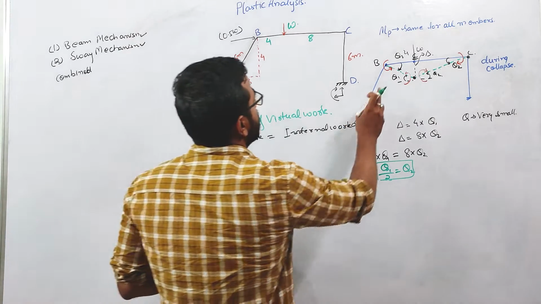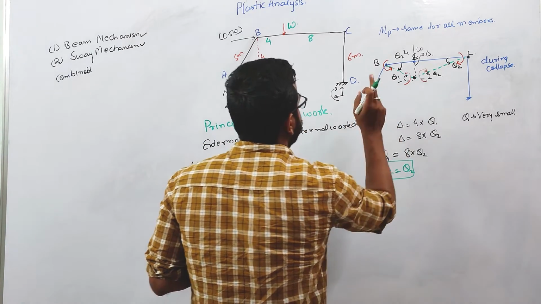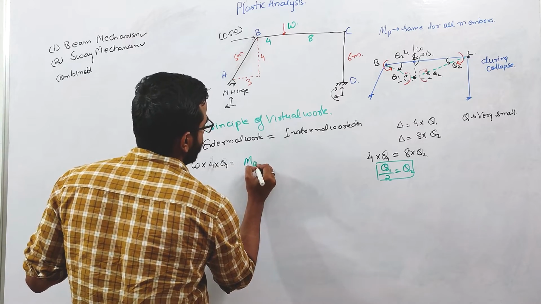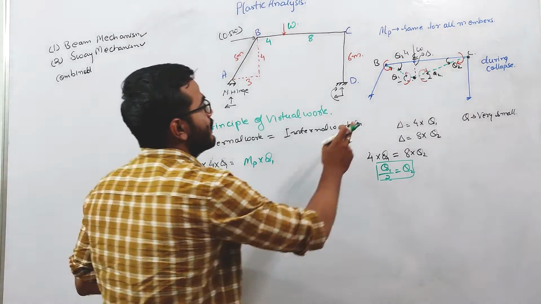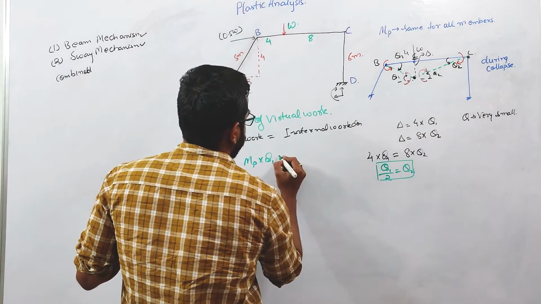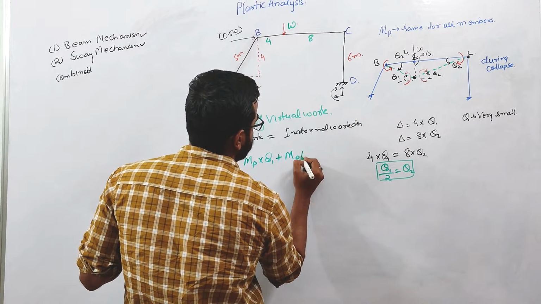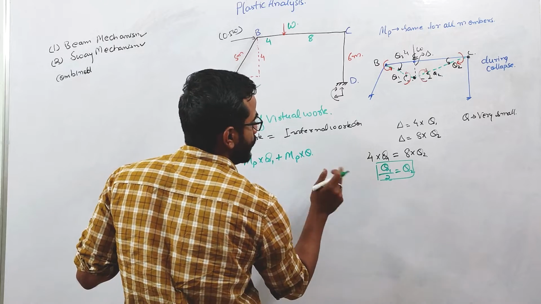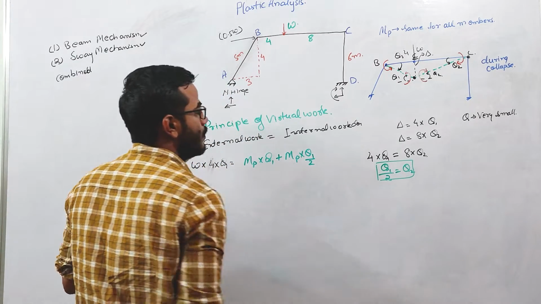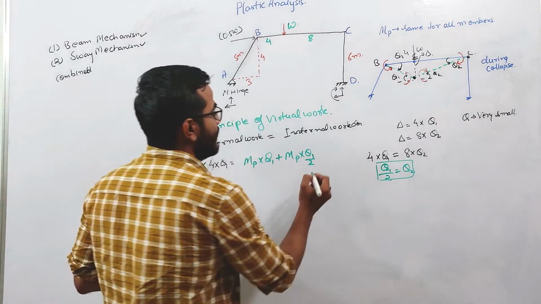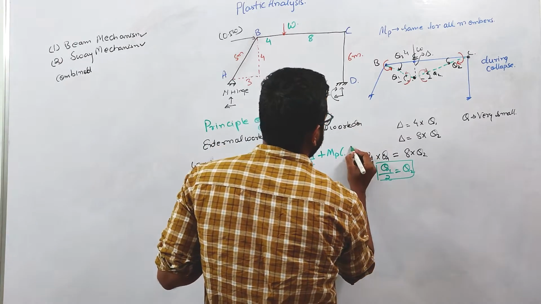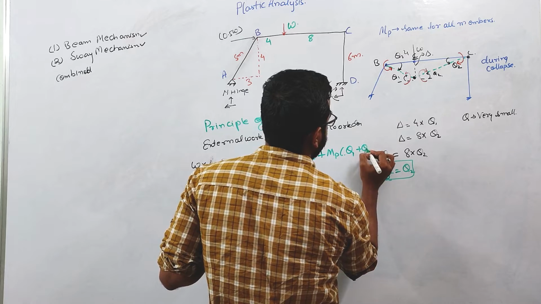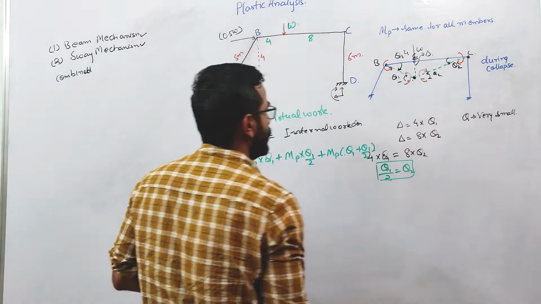So at this hinge location, the internal work done will be MP into theta 1, right? At this location, the work done will be MP into theta 2. In place of theta 2, I can write theta 1 by 2. Plus at this location, I can write MP into theta 1 plus theta 2. Theta 1 is again theta 1 by 2.